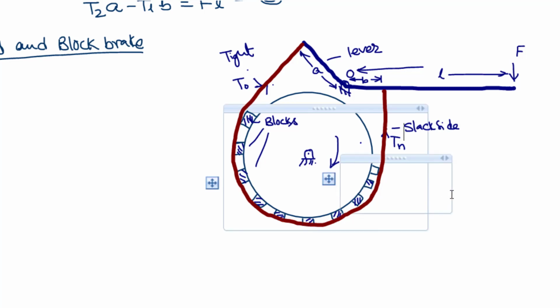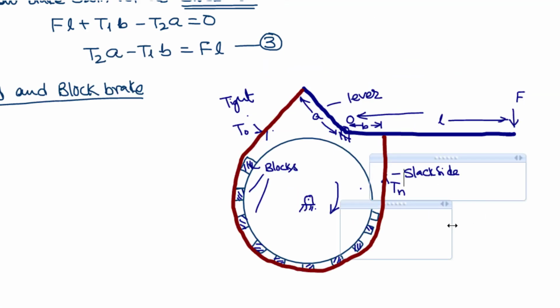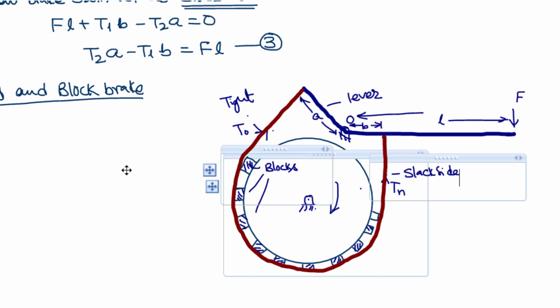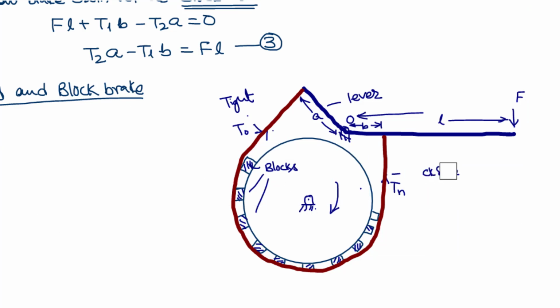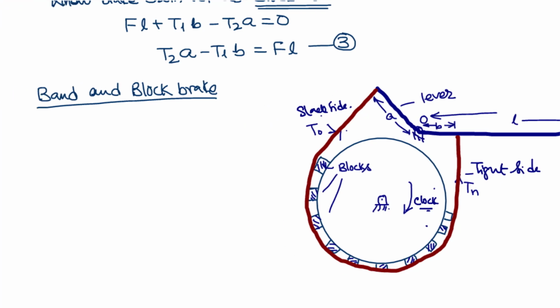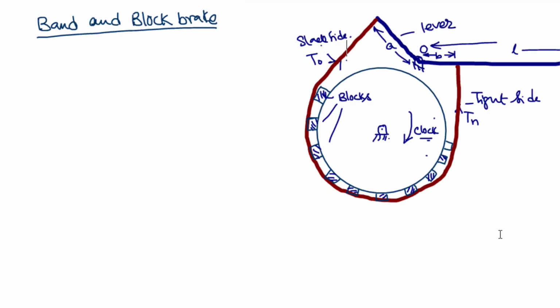Now consider one block. Sorry, when this rotates clockwise, this is the tight side and this is the slack side. Okay. Now consider the first block.